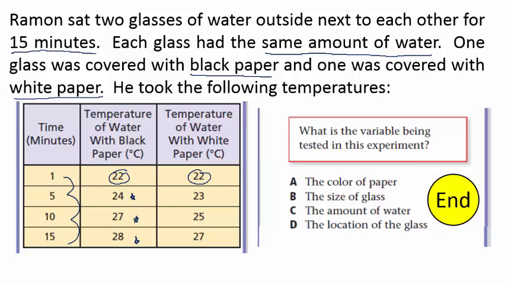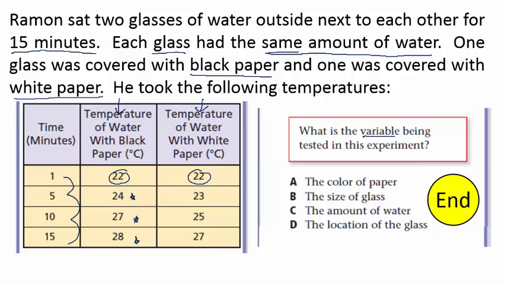It says, what is the variable being tested in this experiment? So regardless if you can interpret the information given or not, we need to know what is the variable being tested. A variable is something that has been changed purposely. So if we look at the experiment, each trial or each piece of the experiment here has a glass with the same amount of water.